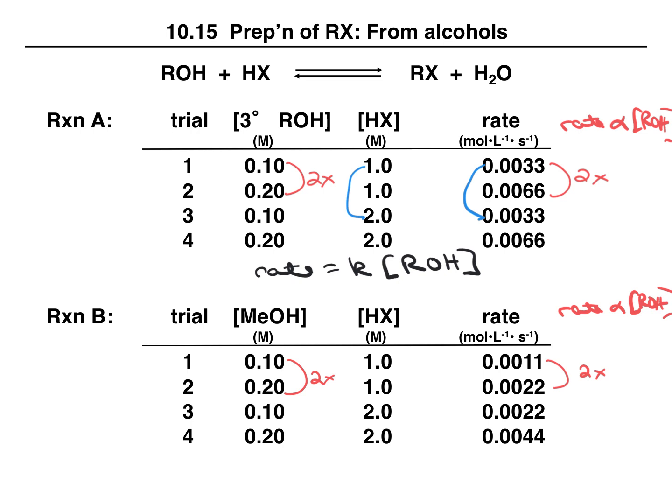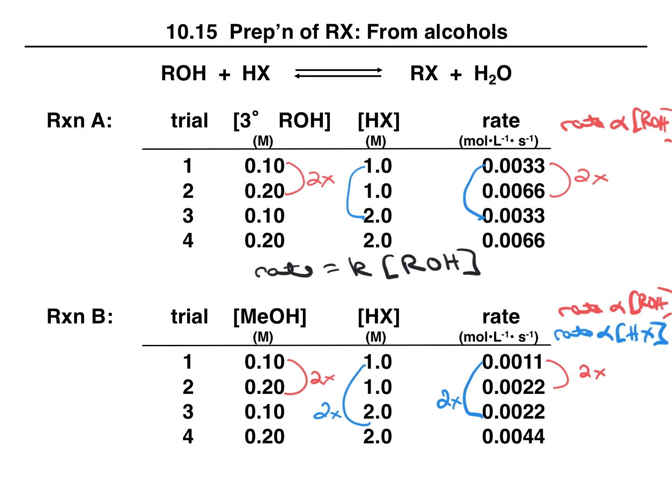If we look at trial 1 compared to trial 3, we hold the methanol concentration constant, but we double the concentration of HX, and we double the rate of the reaction as well. So unlike reaction A, for reaction B, the rate is also proportional to the concentration of HX.